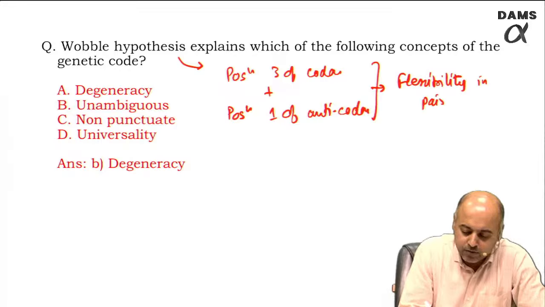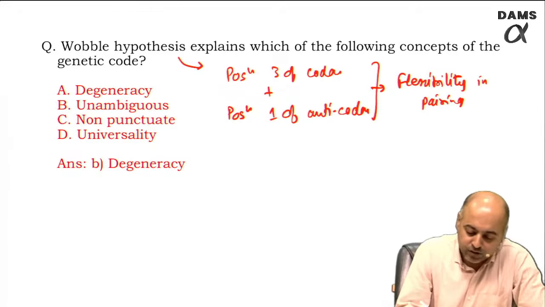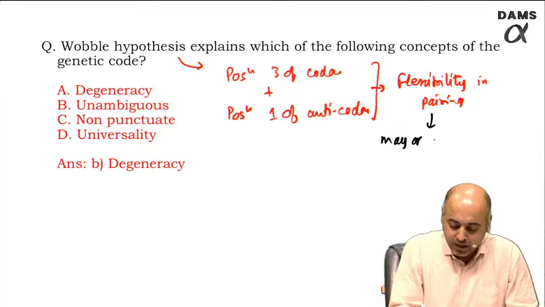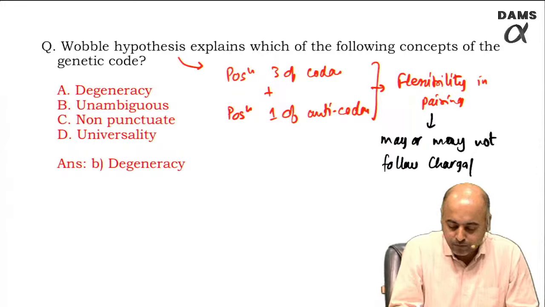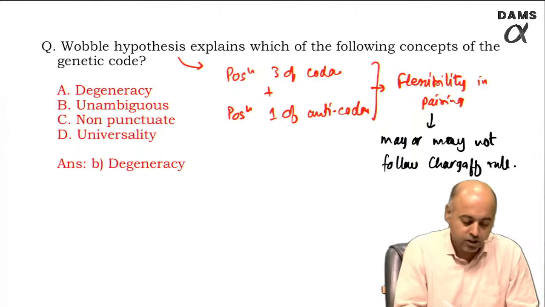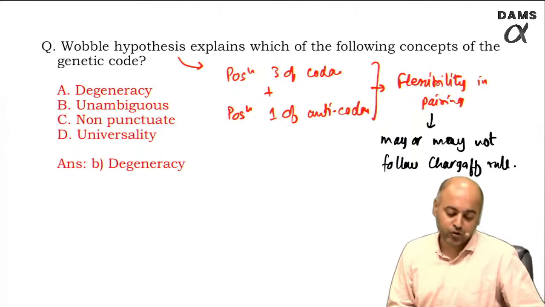What does this mean, flexibility in pairing? Normally whenever there is pairing, the Chargaff rule has to be followed, but here they may or may not follow the Chargaff rule. This is the wobble hypothesis or the wobble phenomena.